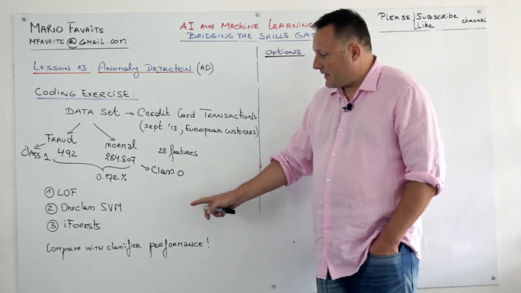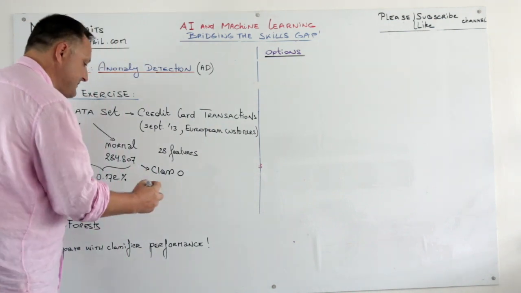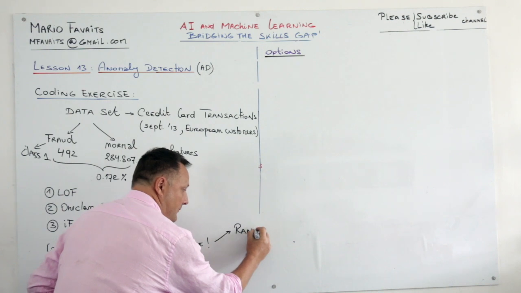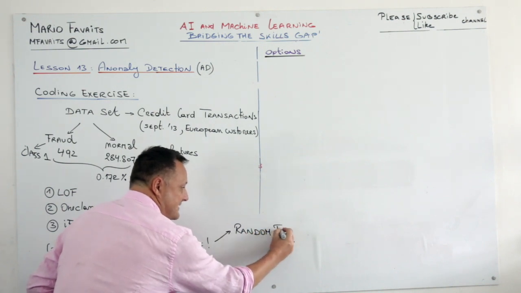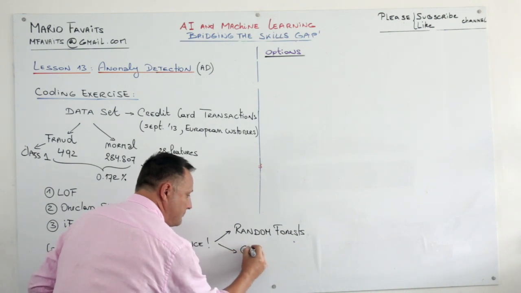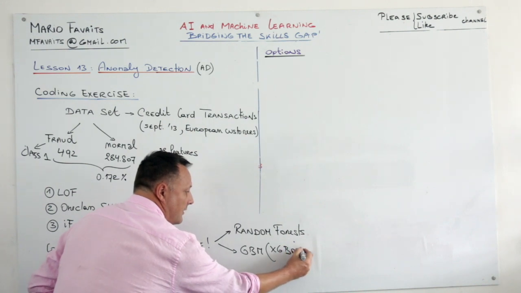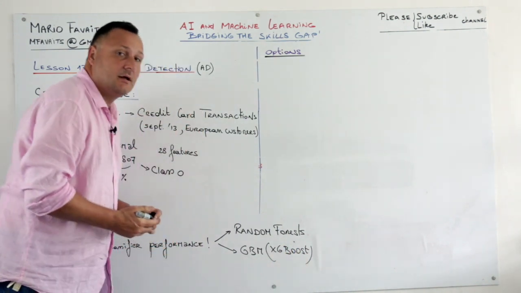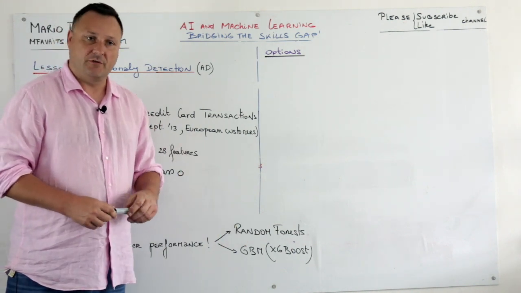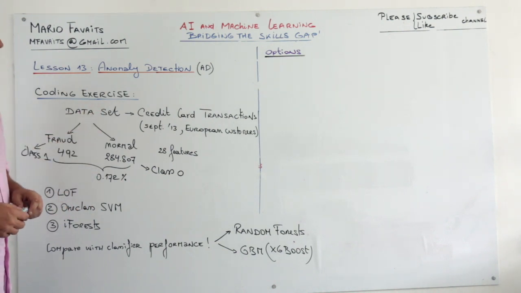And then we're going to compare this performance with traditional classifiers that we've seen, and one will be random forests, and one will be gradient boosting machine, where we will go with XGBoost. Why these two? Well, they have given us the best score up to this point. So let's see what they can do on this type of setting.